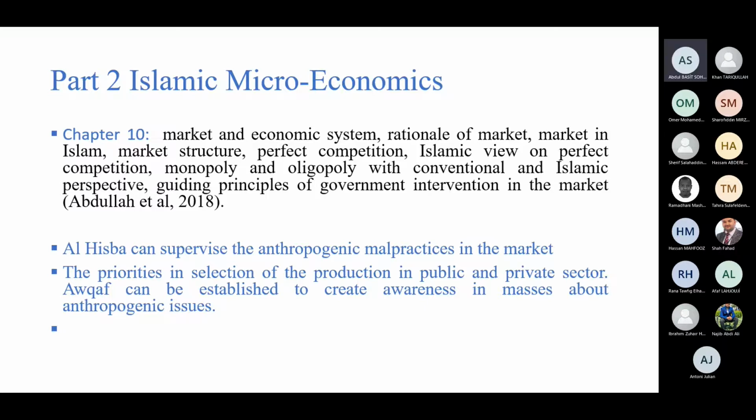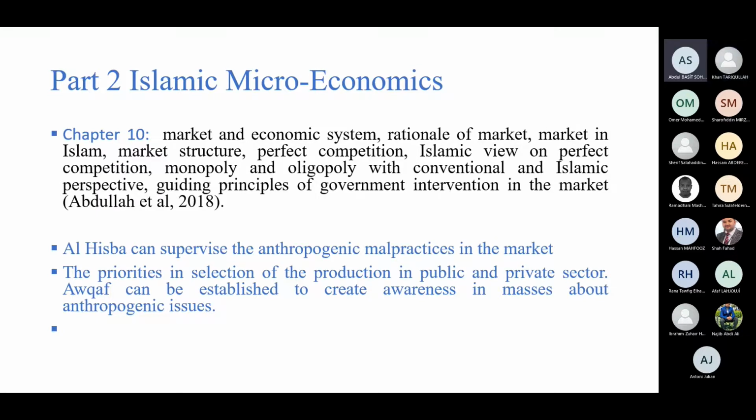Under this chapter, the book missed mentioning the role Al Hisba can play. It can supervise the anthropogenic malpractices that create a bad impact for the environment. So under mentioning Al Hisba, there should be anthropogenic protection as well.